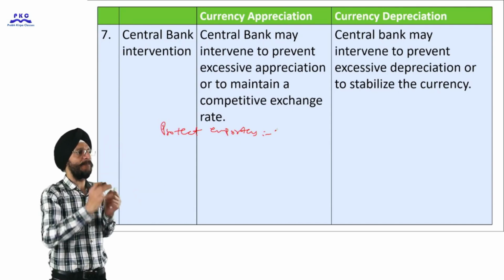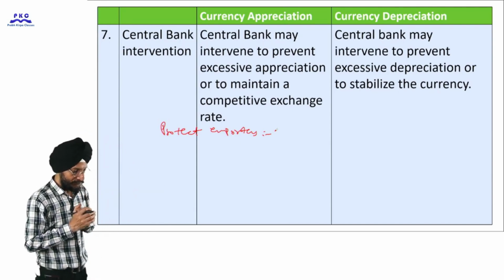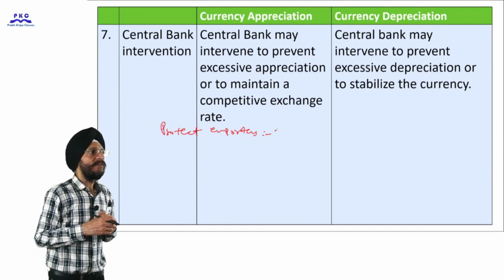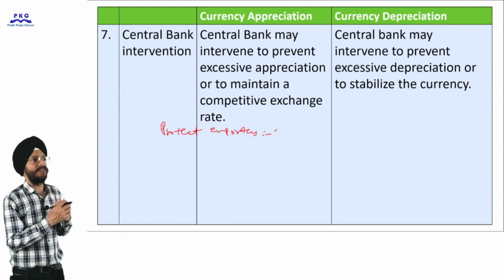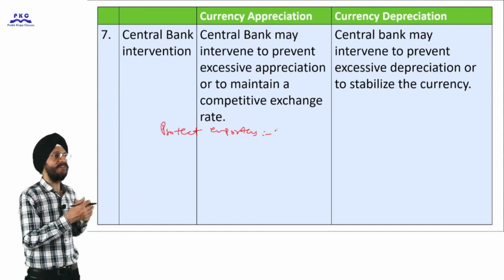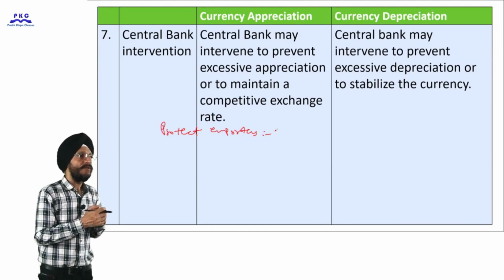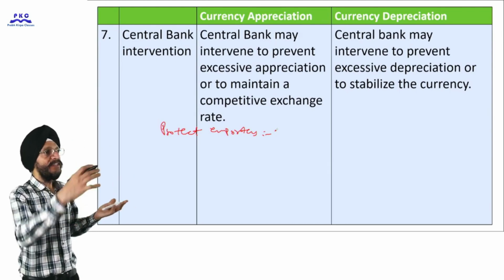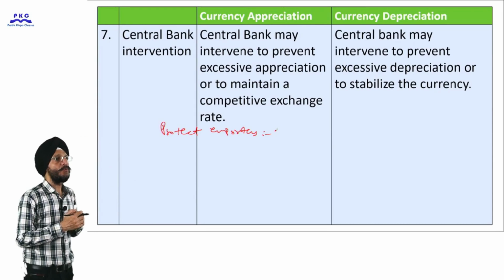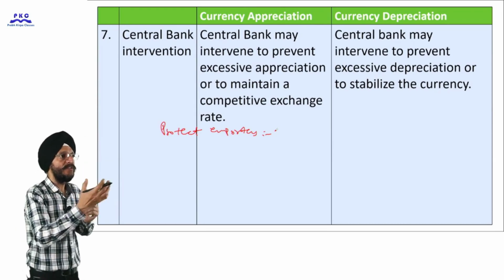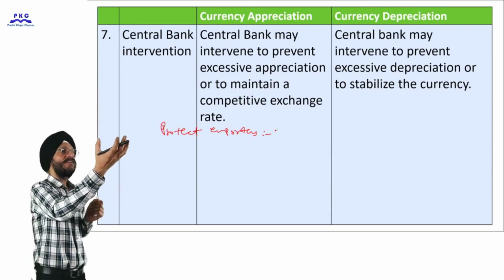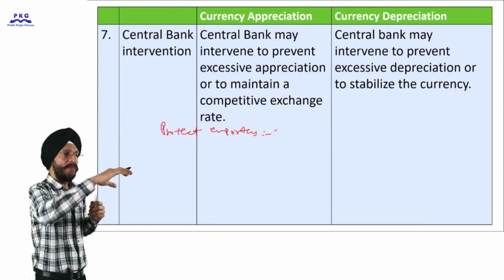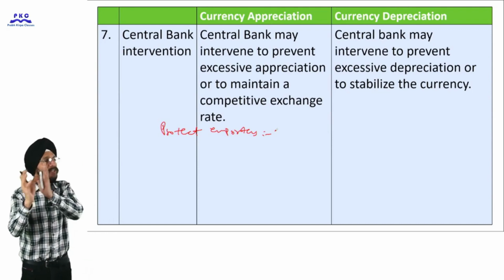So, to counter this, the central bank may sell their domestic currency to reduce its value. The central bank may also buy foreign currency reserves so that the supply of foreign currency is reduced and the value of foreign currency is increased, thereby having a negative impact on the domestic currency.